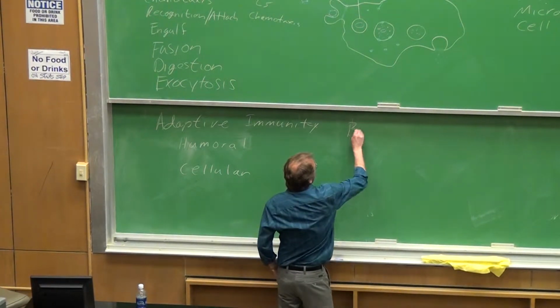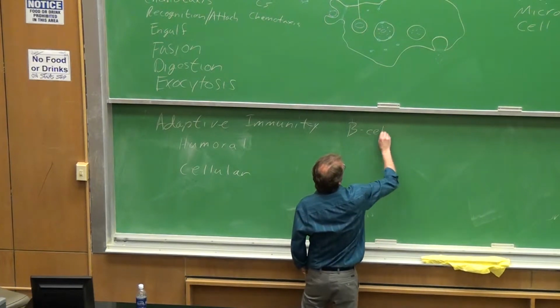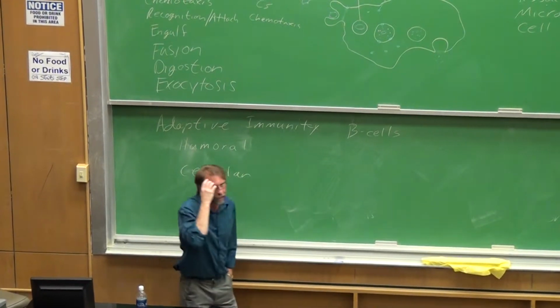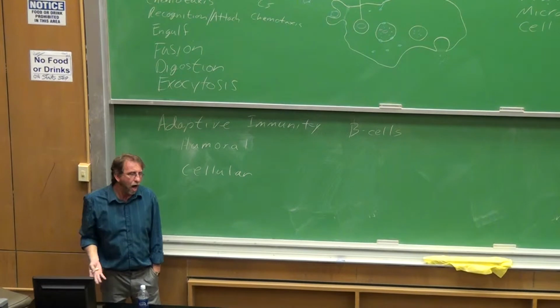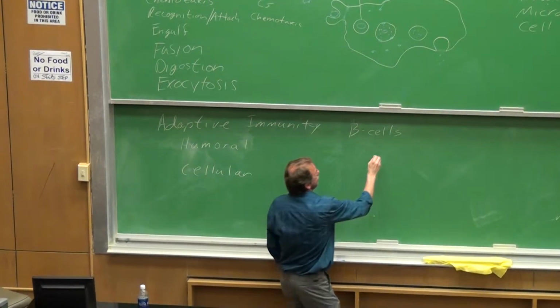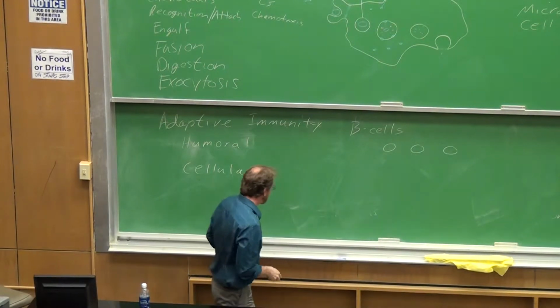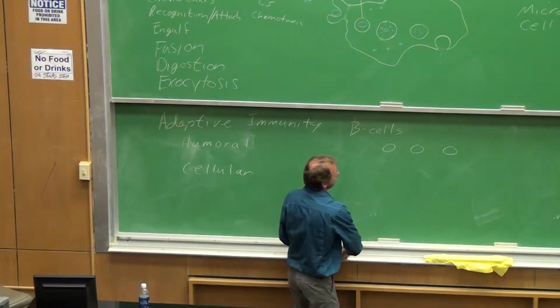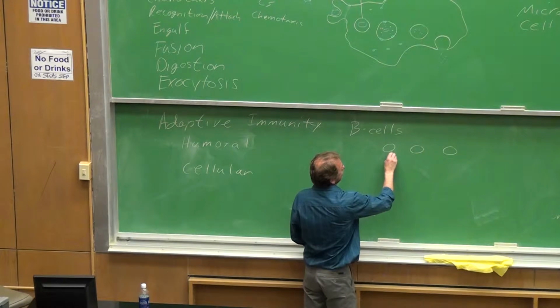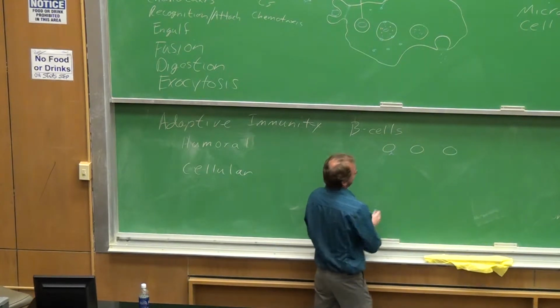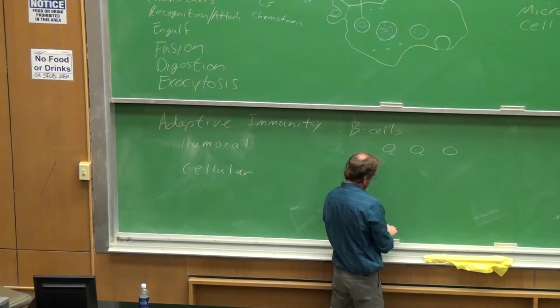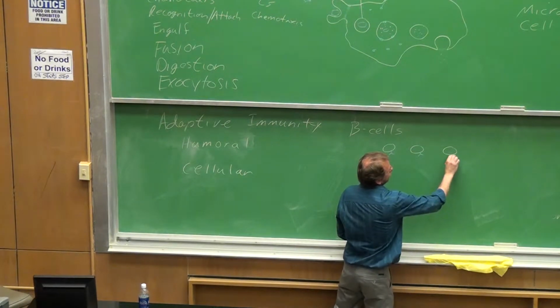Okay, so now let's talk about B cells, B lymphocytes. We have about 100 million different types of B cells. What's different about them? Well, the receptors that they have on the surface. We'll talk about how we go about making all these different types later.